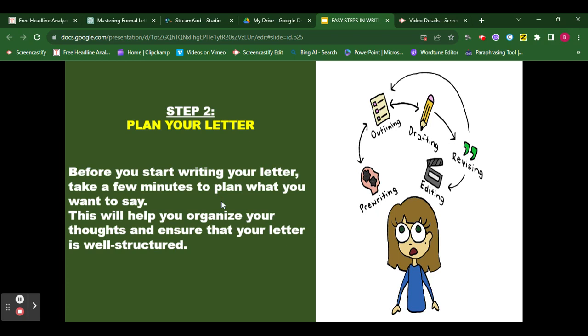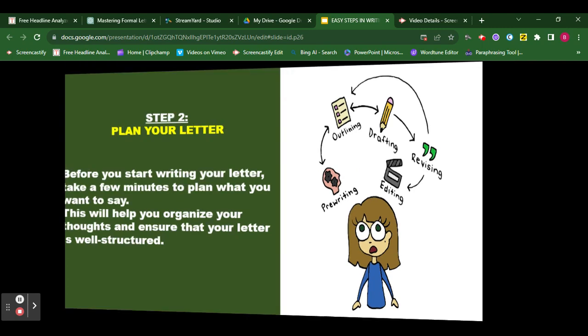So, what we call the pre-writing activities include brainstorming, thinking about what you are to write. Having read the question and understood what you are asked to write, you have to think about it and plan what you are going to write. Then create an outline, okay? This is what you need to do.